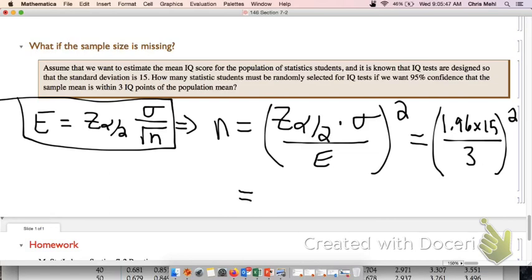And let me compute this. And this ends up being 96.04. And remember that the rule for estimating sample size is that you always round this up to the next largest whole number.